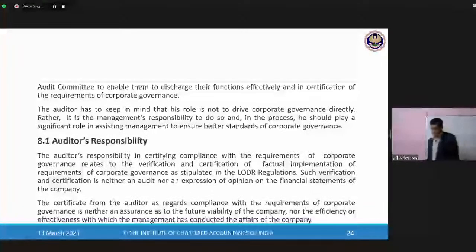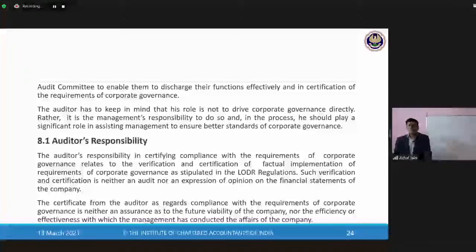Auditor's responsibility. So what's the responsibility of the auditor? Auditor's responsibility in certifying compliance with the requirements of corporate governance, because this is slightly different, relates to verification and certification of factual implementation of requirements of corporate governance.